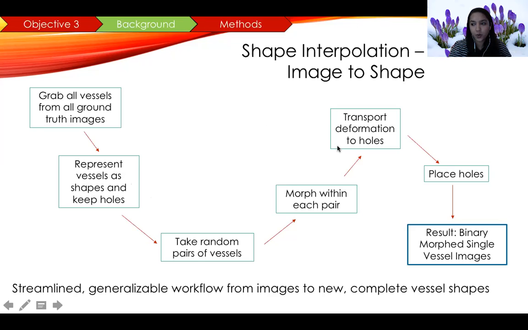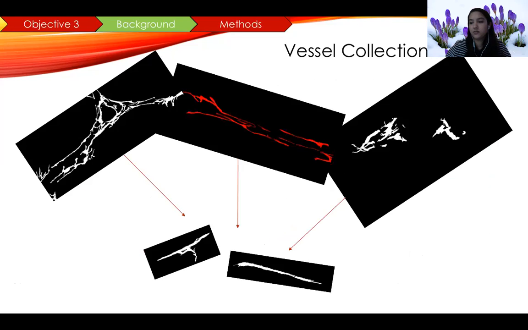The reserved holes and gaps are also deformed using deformation transport. These are then placed within the morphed vessel to result in binary single vessels. Using our majority voted ground truth from our annotations, as we described earlier, the individual vessels are gathered.